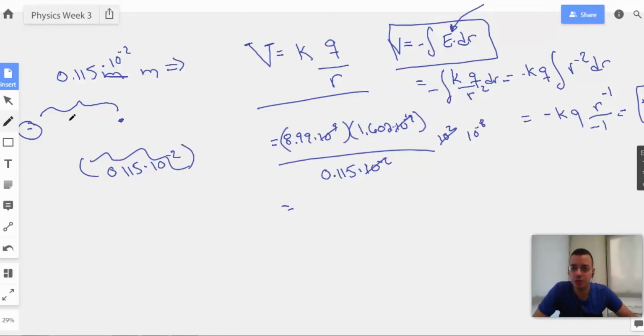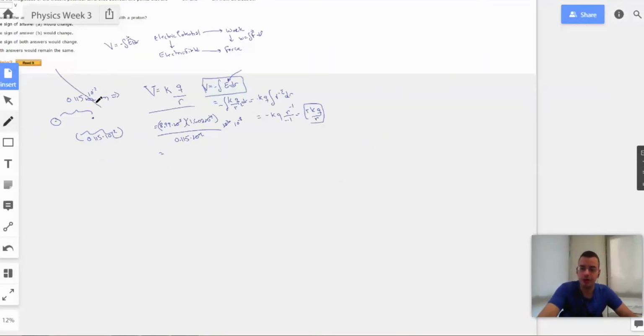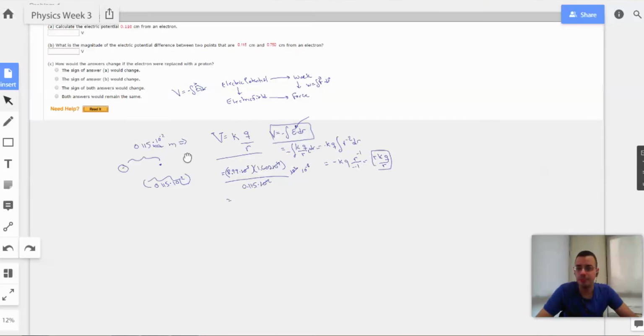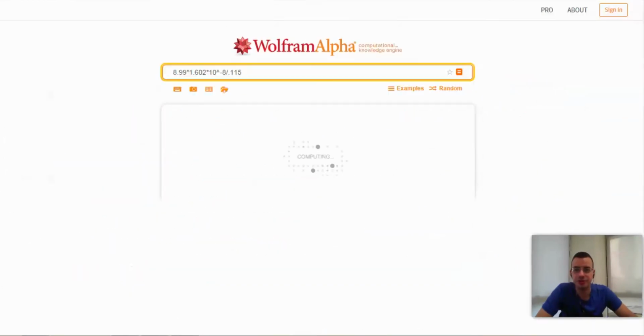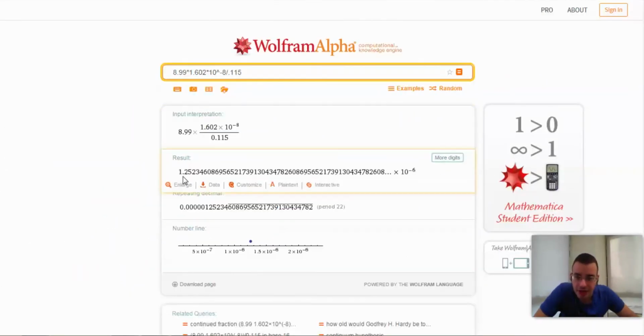We'll probably get a really small number. Now, they want it in volts. Alright, so we have, oh, that's not as small as I thought it was going to be. 1.25 times 10 to the negative 6.